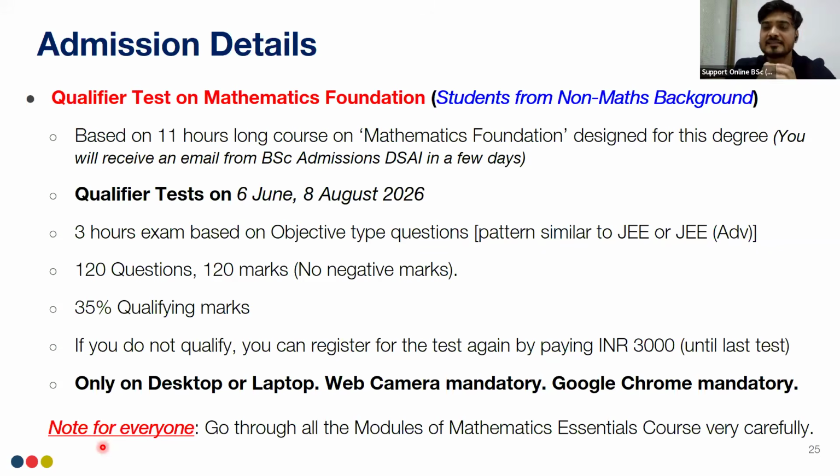And in module 6 there is a particular module that helps you prepare yourself for your proctored exam. So please go through the entire course carefully, which will help you to attempt the qualifier test.